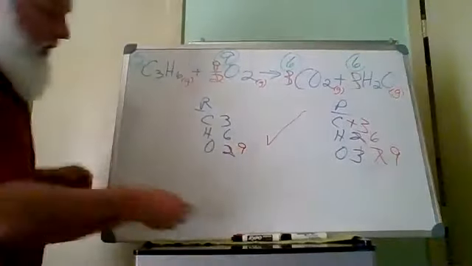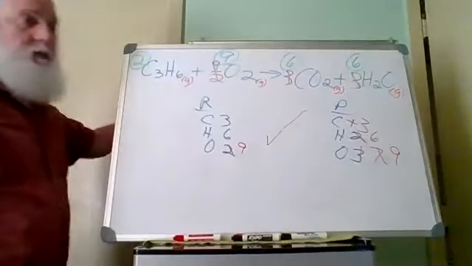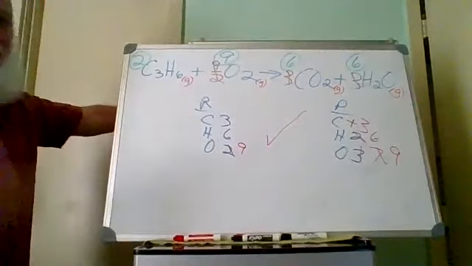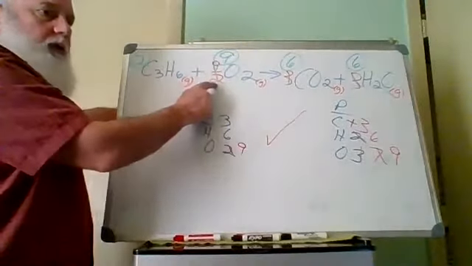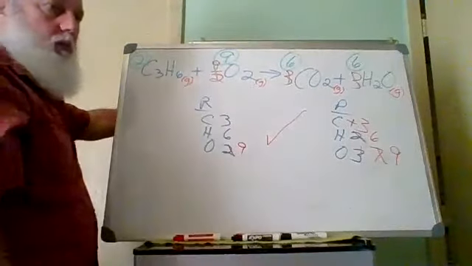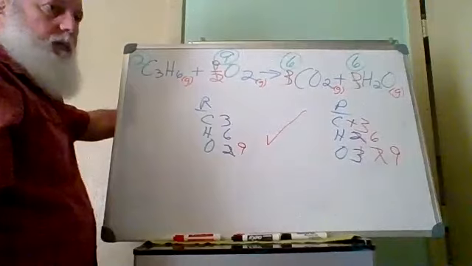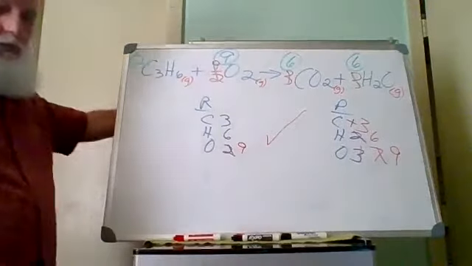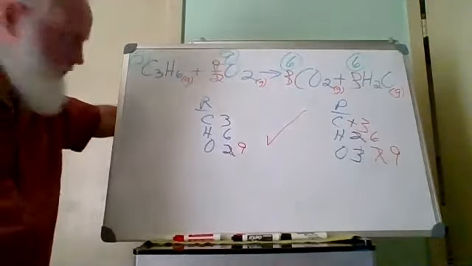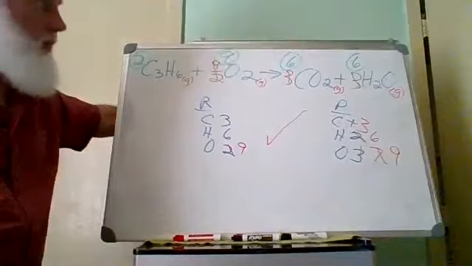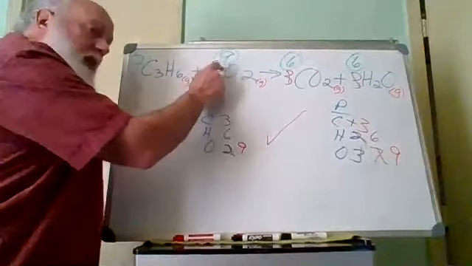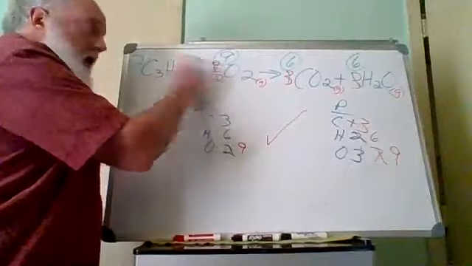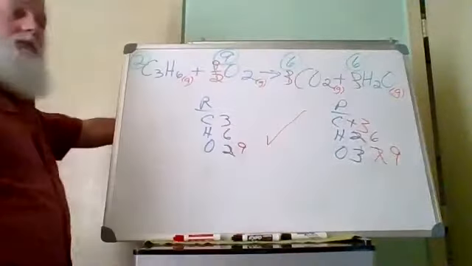Always go back and check at the end. Because I see this every year. Students will see this fraction here, and they'll only multiply this one times 2 and forget about multiplying the other ones by 2.